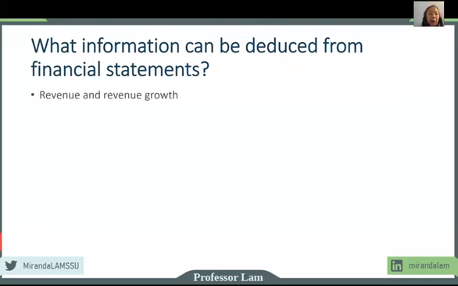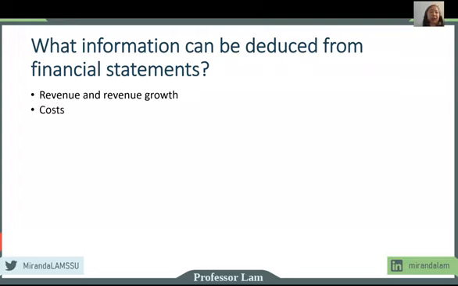So for example, we can look at its revenue, and then we can look at its revenue growth, and we can ask, is the firm's revenue growth consistent with the life cycle of the firm in the industry? So in a new industry, in the early life cycle, we will expect much higher revenue growth versus a firm in a mature industry, where we expect revenue growth to be more stagnant.